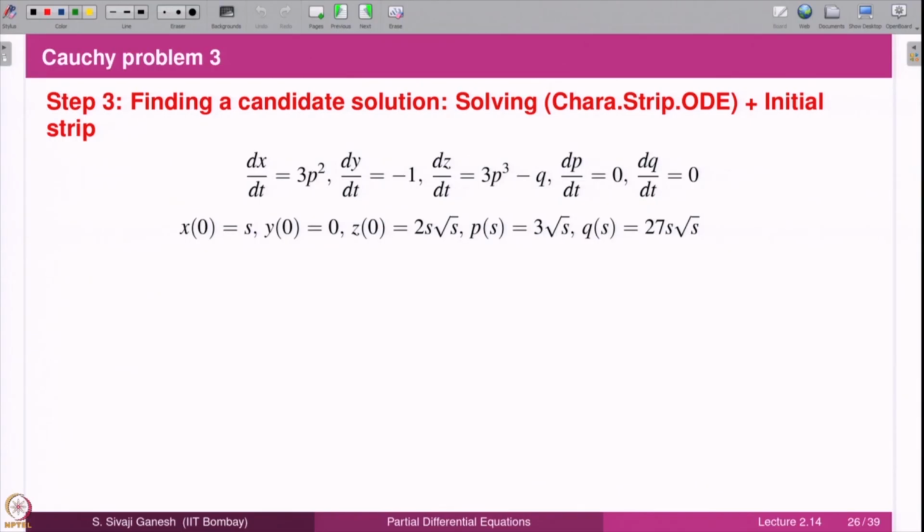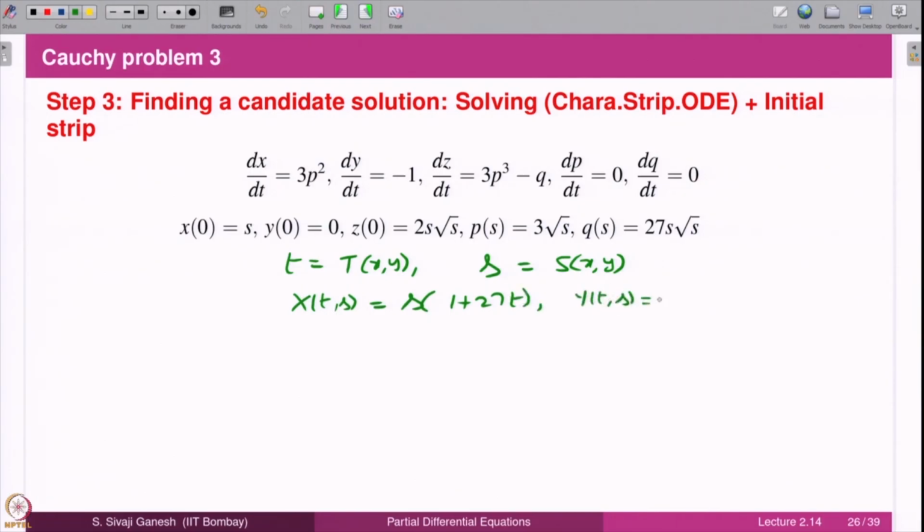So, next step is to find out t as a function of x y and s as a function of x y. Okay. So, x(t,s) is equal to s into 1 plus 27 t and y(t,s) is equal to minus t.